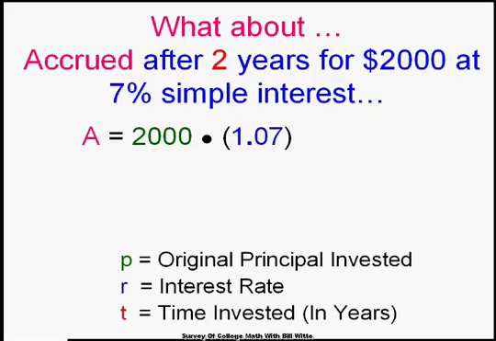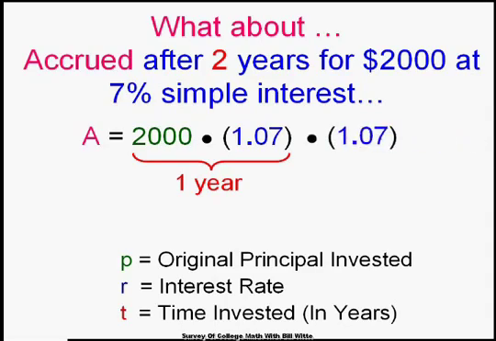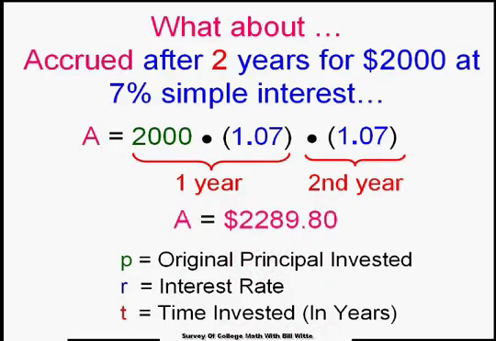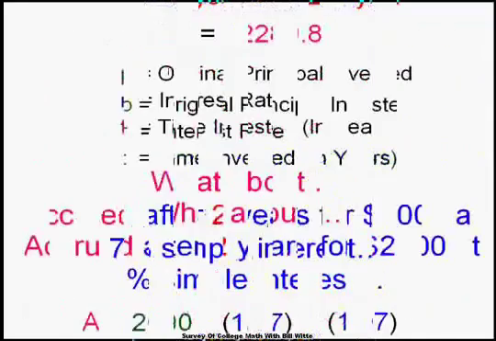Then we're going to take that amount after 1 year, and we get another 7% on that. So I'm going to multiply that by 1 because I get the original amount back, and 0.07. So that's what we get for the second year. Get a little bit more money, don't we? $2,289.80.